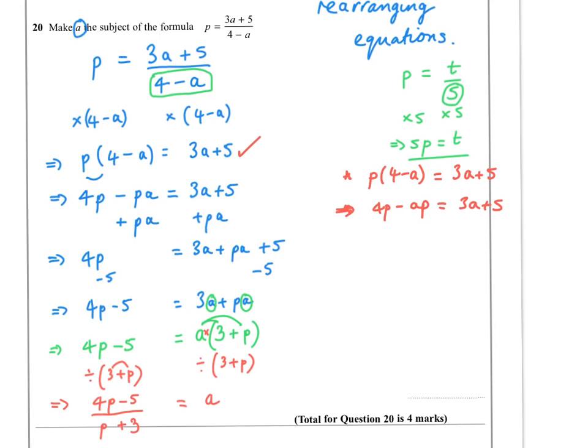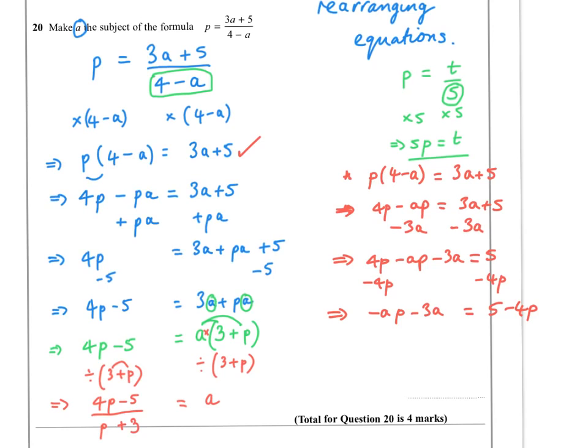And what I'm going to do this time is, and this is what could happen, and it's usually lack of experience that makes this happen, you could take 3a from both sides, and then you'd have 4p minus ap minus 3a is equal to 5. Then you'd have to take the 4p away, and you'd be left with minus ap minus 3a equals 5 minus 4p.